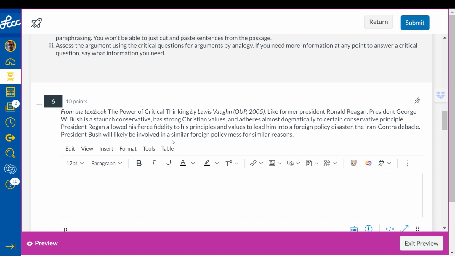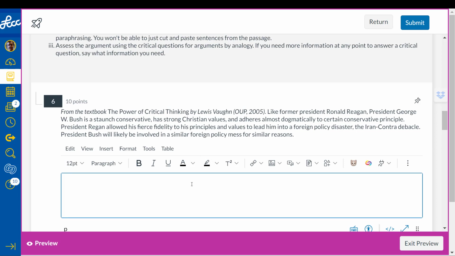So this is an argument by analogy. The reference analog, we can abbreviate that RA, is Reagan. Target analog is Bush. The known similarity is that they are staunch conservative Christians.